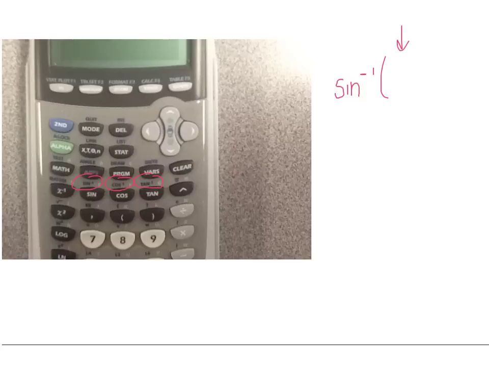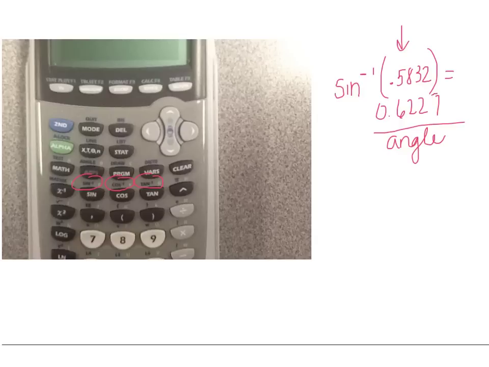All right, so if I want to find the inverse sine of a ratio, say 0.5832, the answer is going to be an angle. That's going to equal 0.6227.